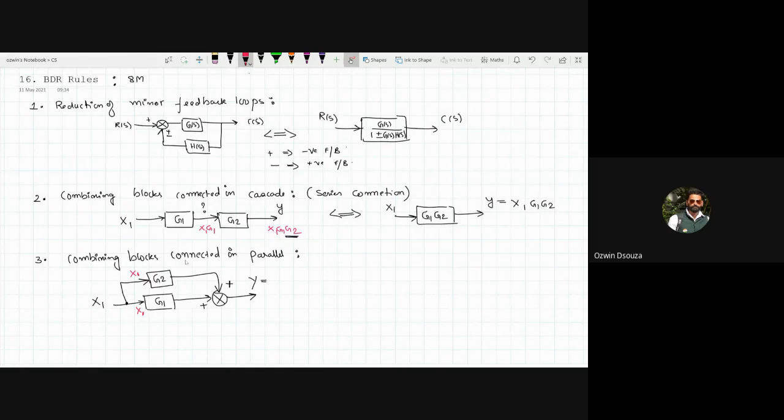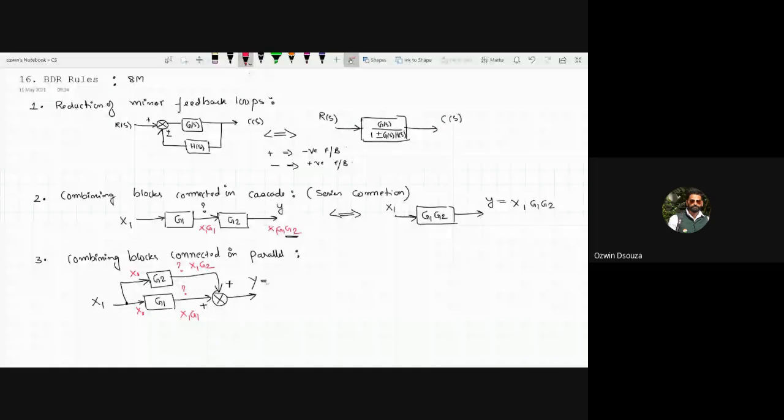Now the output of block G1 is X1 into G1. Similarly, the output of block G2 is X1 into G2. Now, at this summer, X1 G2 is getting added with X1 G1.